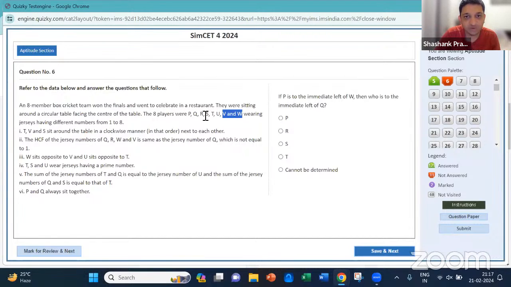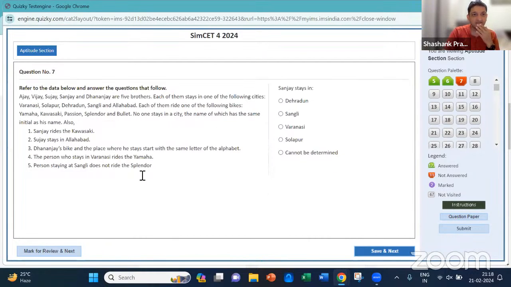So Q, S, T, U are left with me. T, V, S will be on that side. So W, P, Q, and then I think T should be the one. I'm visualizing.